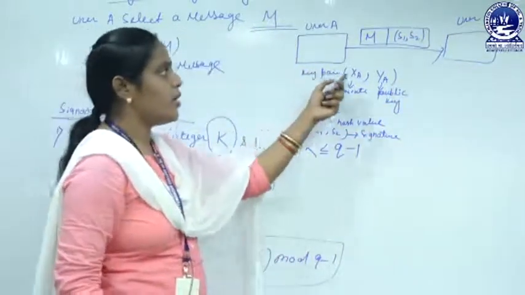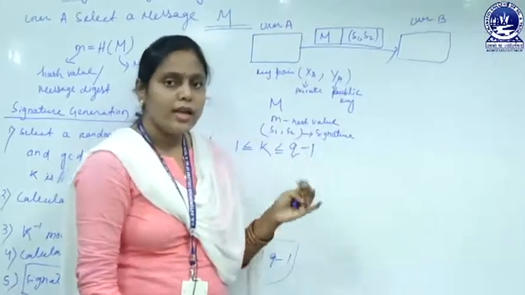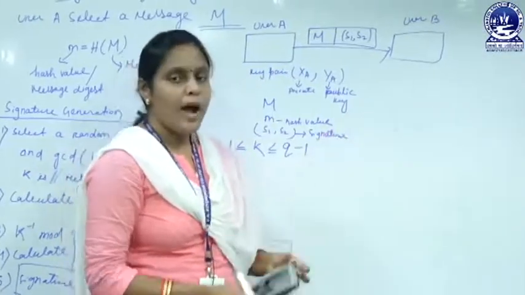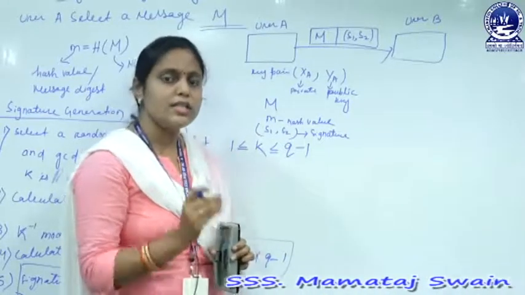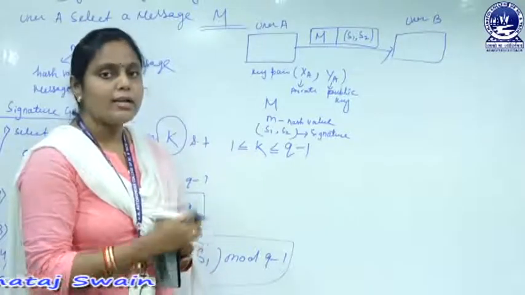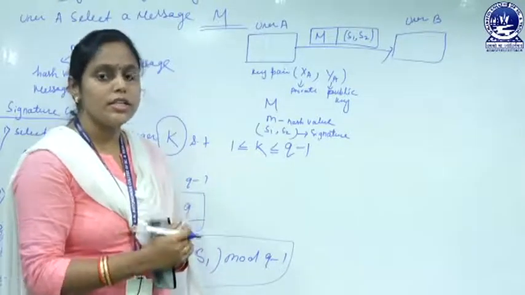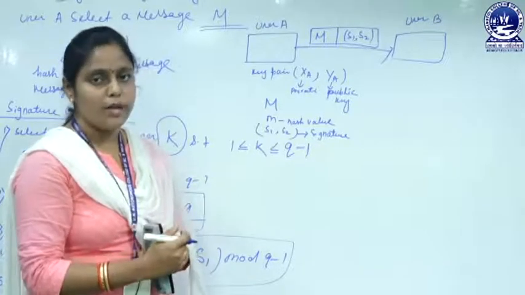Now look at here, when the user B receives this message, the user B first verifies the signature of the user A, whether this signature is valid or not. That means at the receiver side, first the signature verification is performed. Now look at the signature verification algorithm.